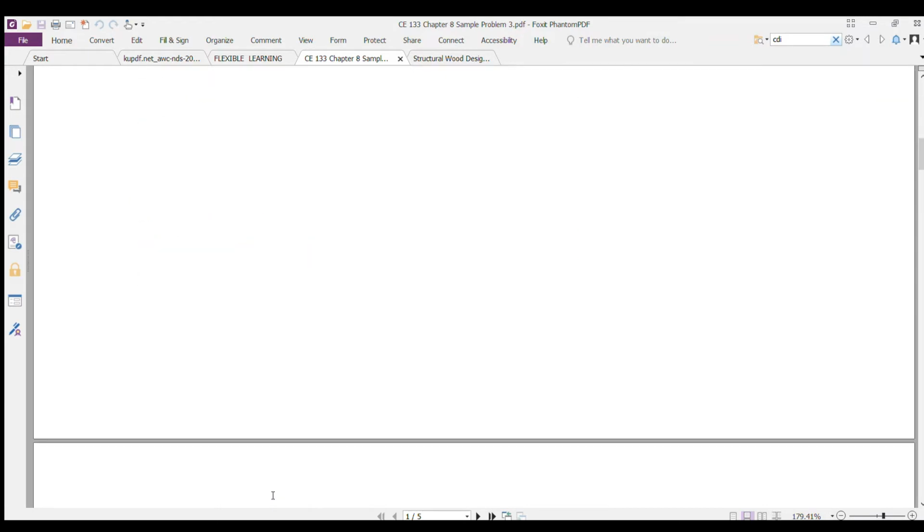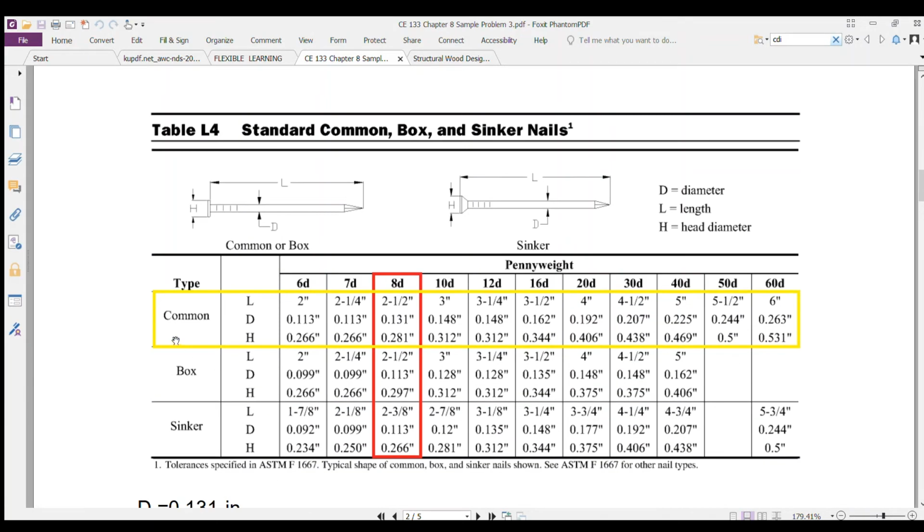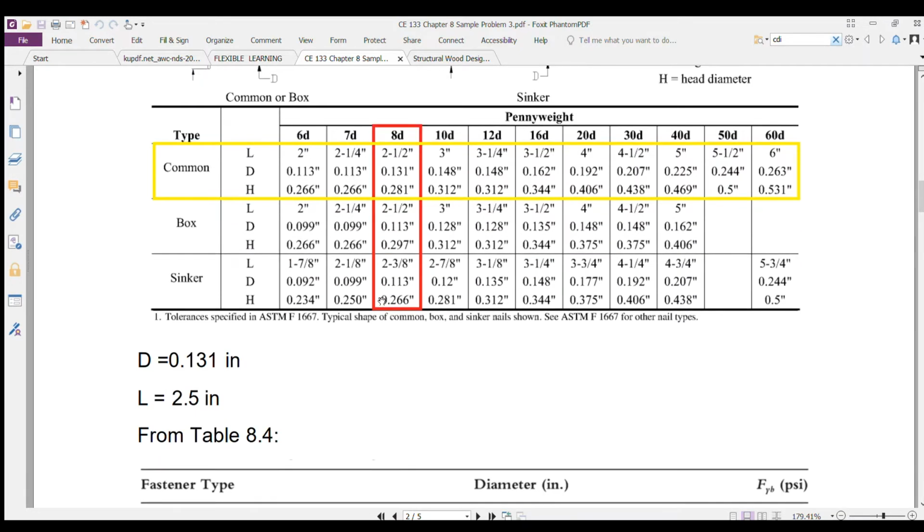So as you can see here, you have the common nail and the required 8D. So for 8D, you have a length of 2.5 inches, a shank diameter of 0.131 inches, and a head diameter of 0.266 inches.